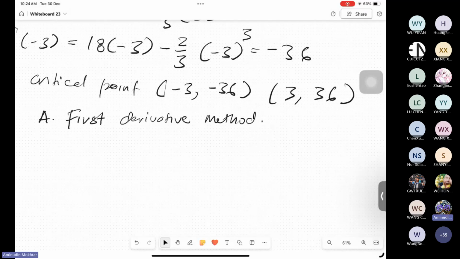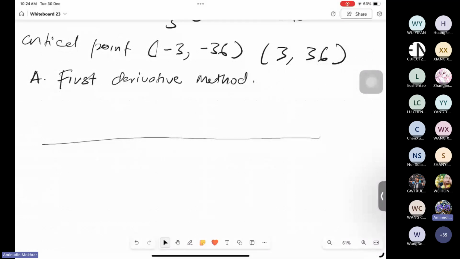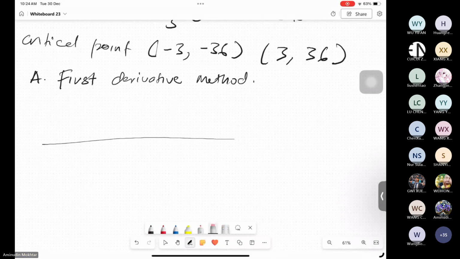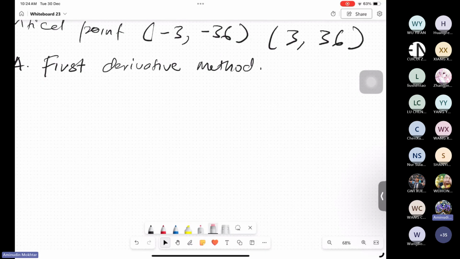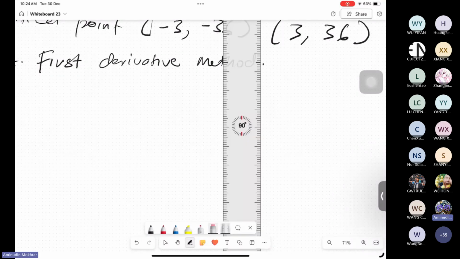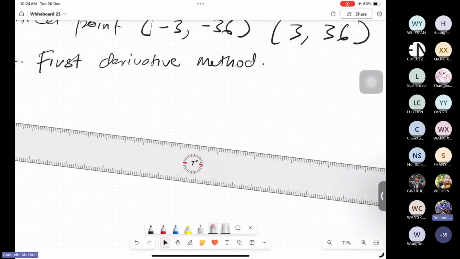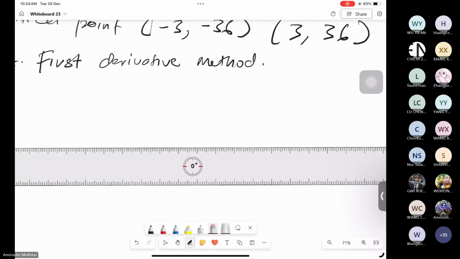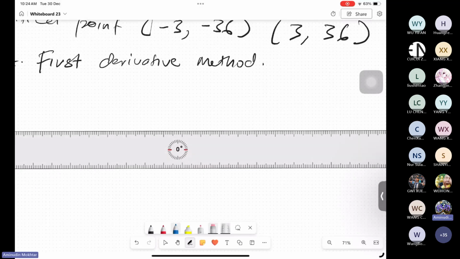How to apply the concept? Let's say I draw one line.